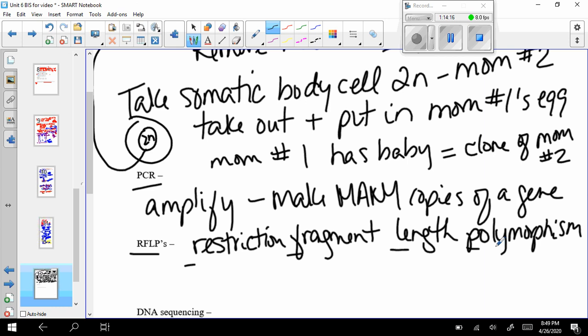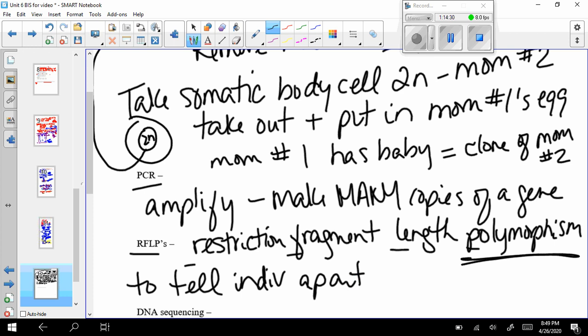We have so many of the same genes. So this is to tell individuals apart, especially in crime scene scenarios. You have to look for polymorphisms. You have to look for areas in their DNA where there are differences. Poly means many, morph means different or shape. So we want to find areas of many differences.